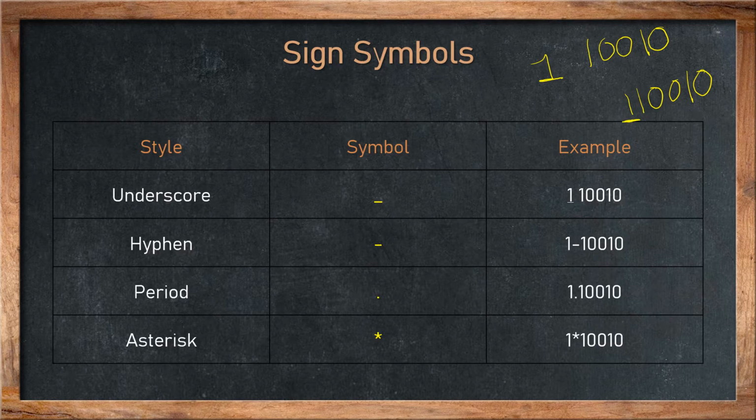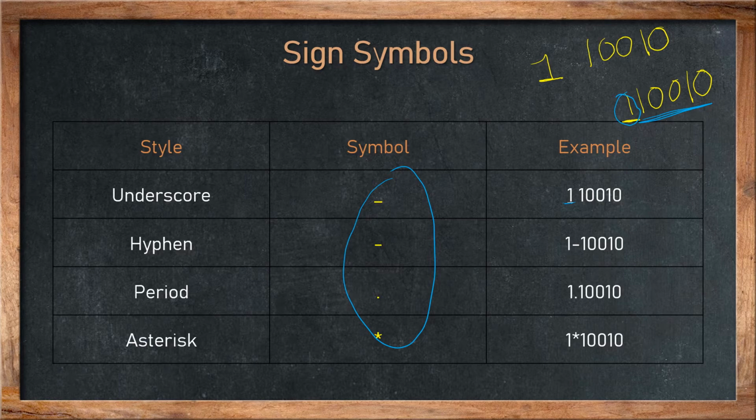To bifurcate this, particularly we are talking about this bit. This bit is my sign bit and the rest are the data bits. For that we use these different symbols. In the very first example we used the underscore sign. So 1 with an underscore says that the number is negative.